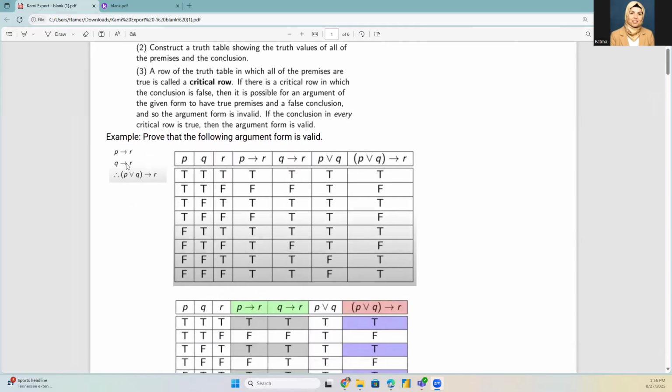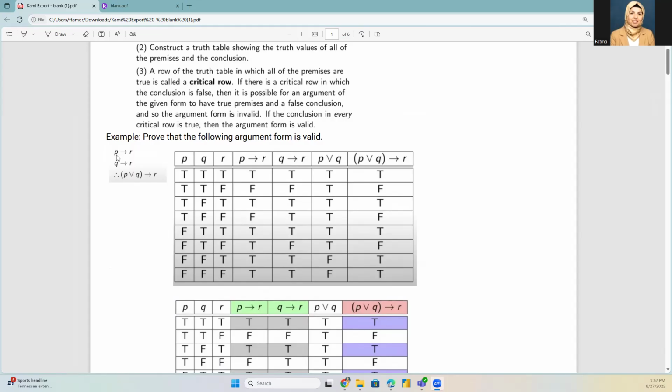For P, Q, R, half of the P column is true and half is false. Then every two rows switch between true and false for Q, and R switches between true and false every row. So we have all the combinations of P, Q, R.